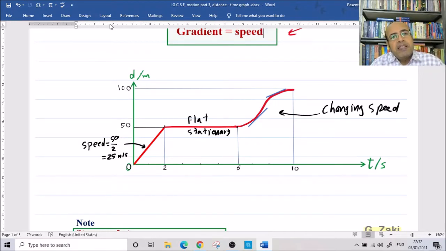If the speed increases, it is acceleration. If the speed decreases, it is deceleration. If it is steeper like this, the tangent in this part of the curve is steeper, so the speed increases. This is acceleration.